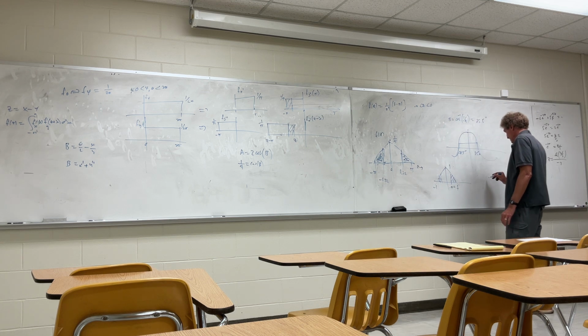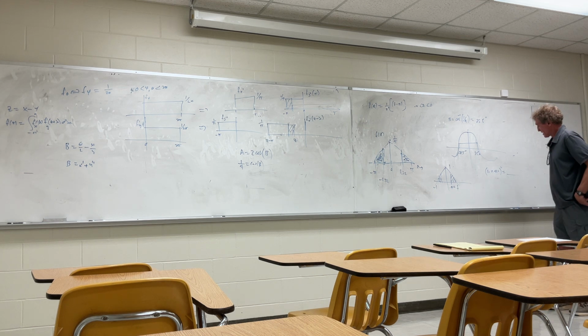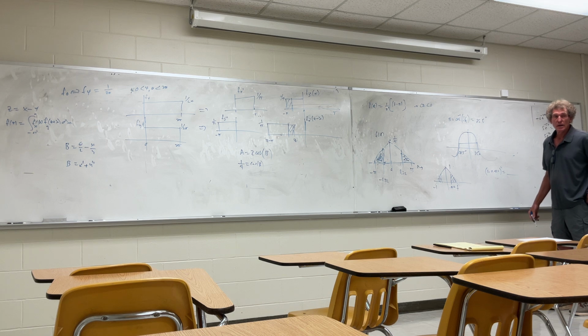Take, you tell me what we get for this. 1 minus 0.426 and square it. What do you get? That should be the right answer. Anybody? It was 0.420, not 0.426.